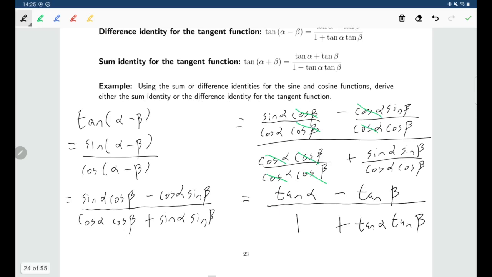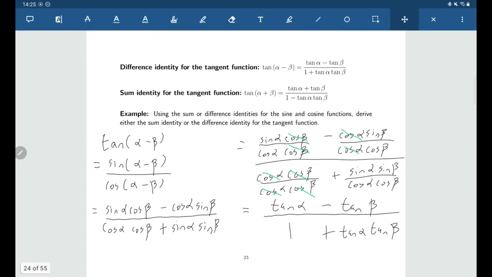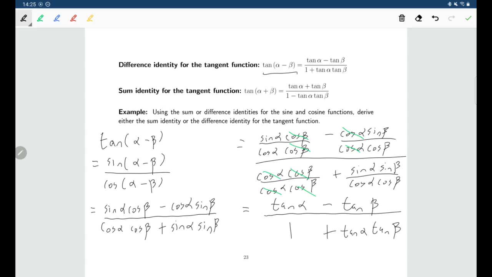And there we go. You can compare this with the formula that we have above, and you can see that, yes, indeed, we've shown that tangent of alpha minus beta is tangent alpha minus tangent beta over 1 plus tan alpha tan beta.